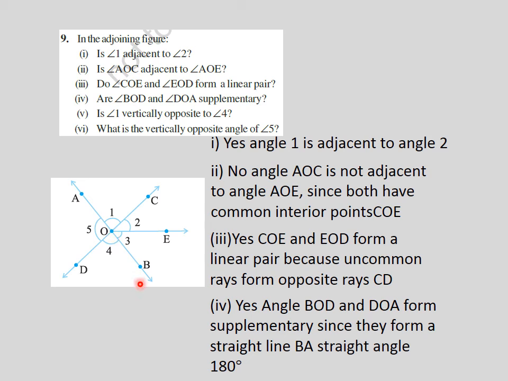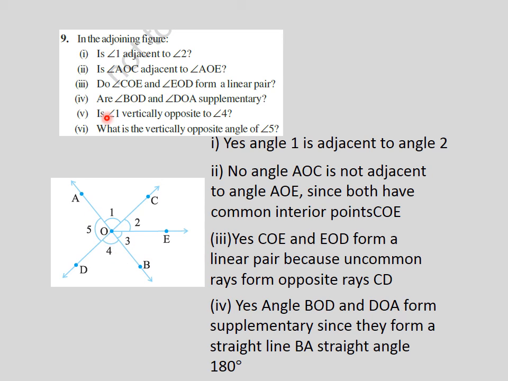We have adjacent angles and opposite rays, so they form a linear pair. For a linear pair you should have adjacent angles and opposite rays. Anyway, the answer is that they are supplementary angles because 5 and 4 together form 180 degrees.